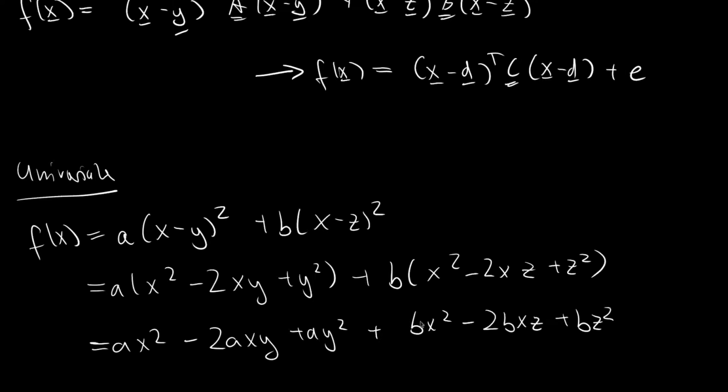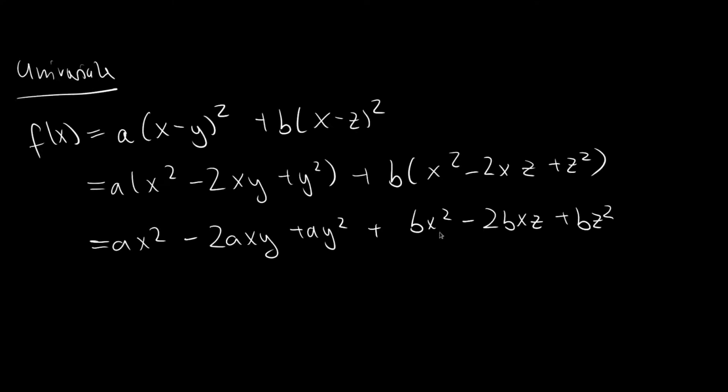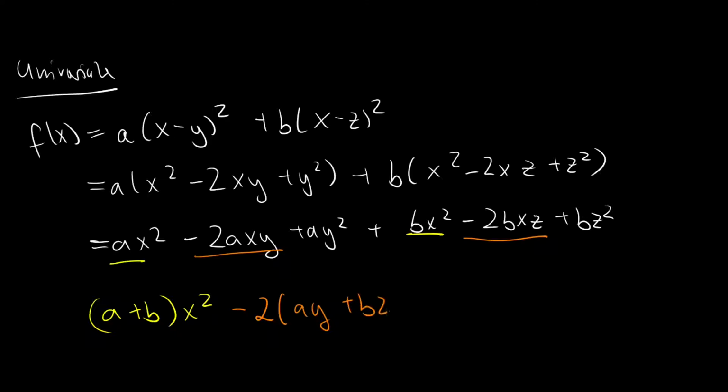And then we can sort for the order of the polynomial, so we can sort for the x with respective exponents. If we collect all the terms that have x squared, we get (a plus b) in brackets times x squared. Then we have the terms that are in x, but not in x squared, and there we have minus 2 times (ay plus bz) times x.